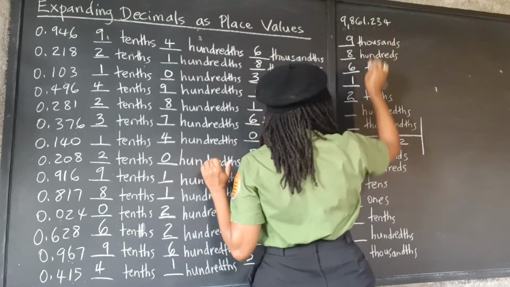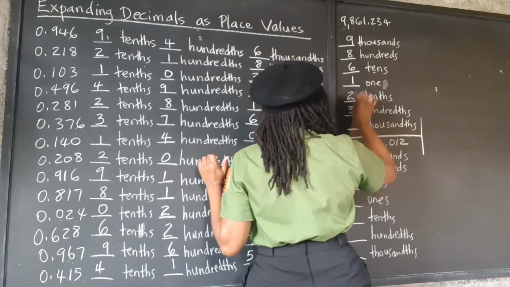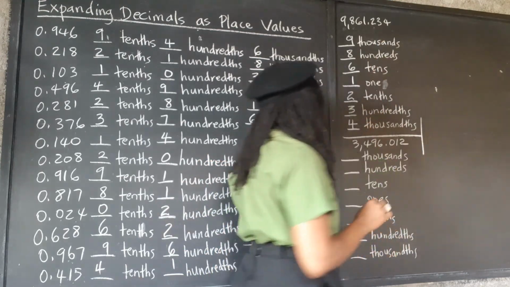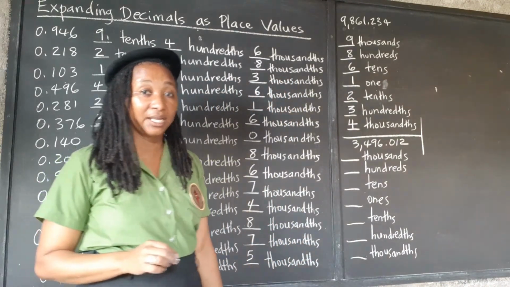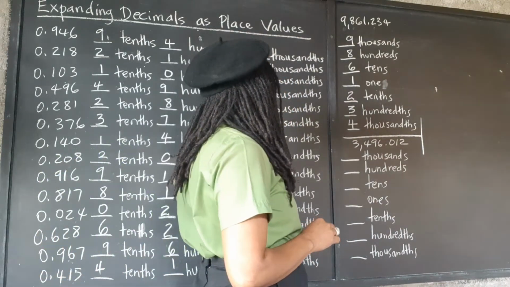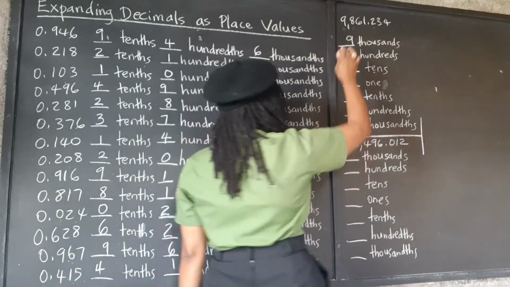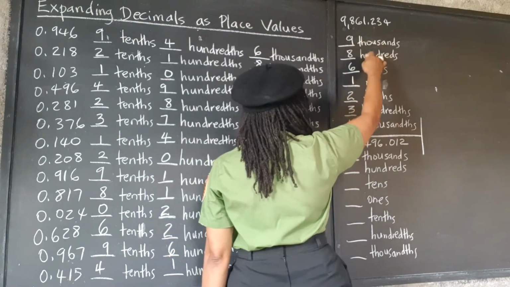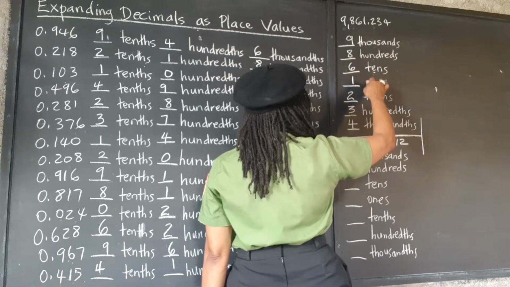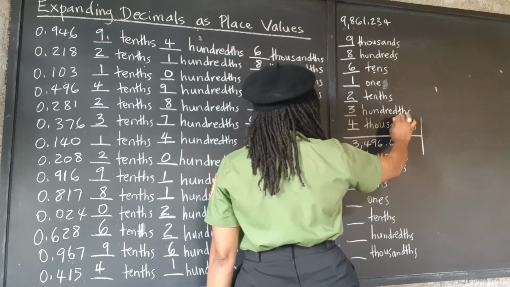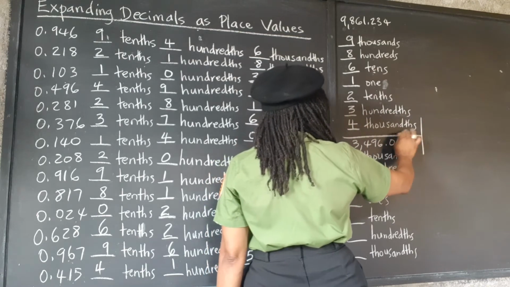The 3 is in the hundredths place. And the 4 is in the thousandths place. See that? So 9,861.234. That's 9,000, 800, 6 tens, 1 unit, 2 tenths, 3 hundredths, 4 thousandths.